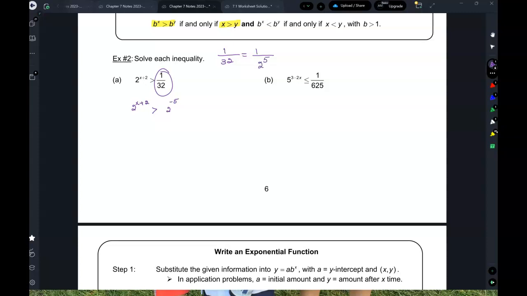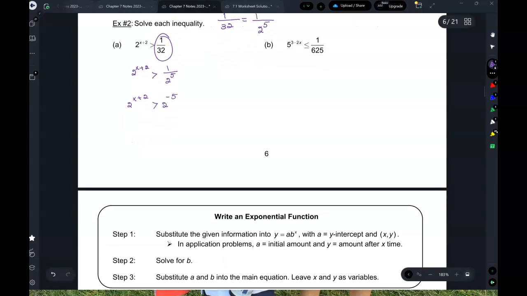So this is 1 over 2 to the 5, which is 2 to the negative 5. So 2 to the x plus 2 is greater than 2 to the negative 5. So x plus 2 is greater than negative 5. x is greater than negative 7.